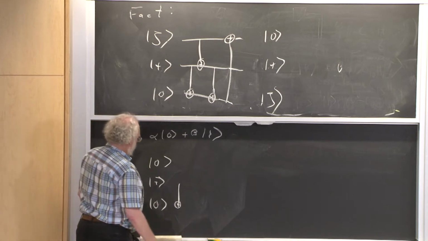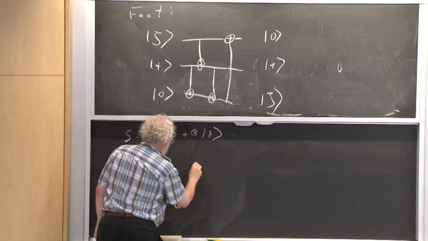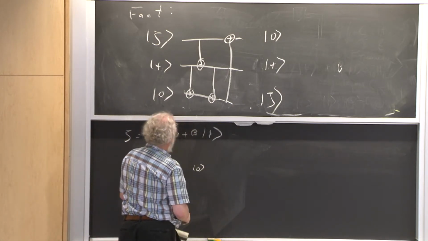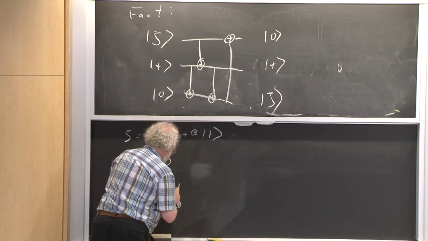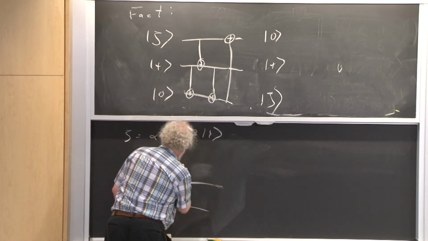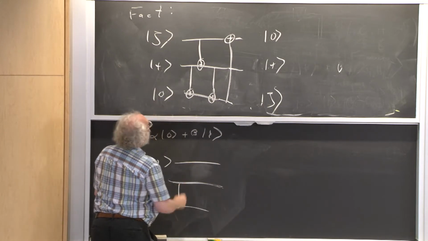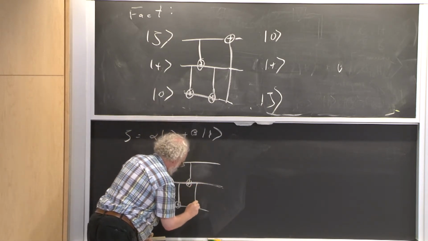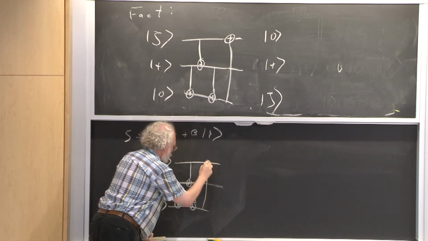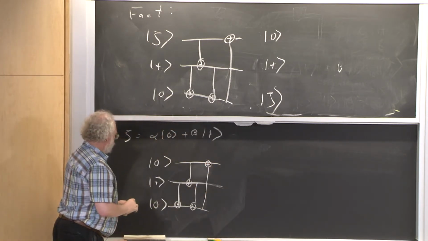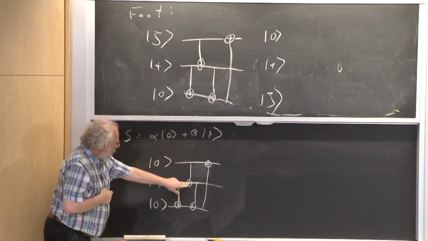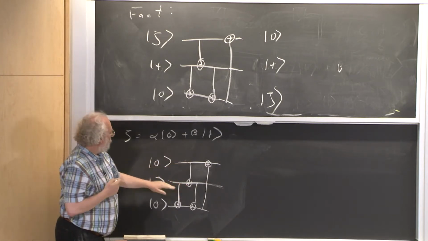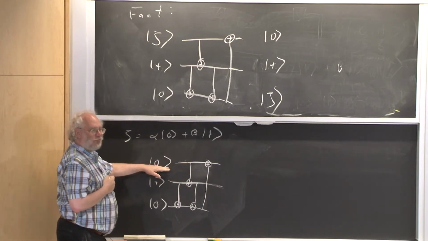Well, wait, no. There's an easier way of thinking about this. This control knot does nothing because the top state is 0.